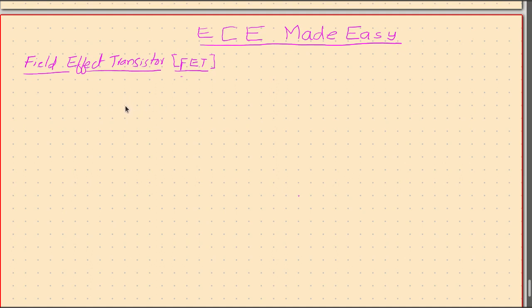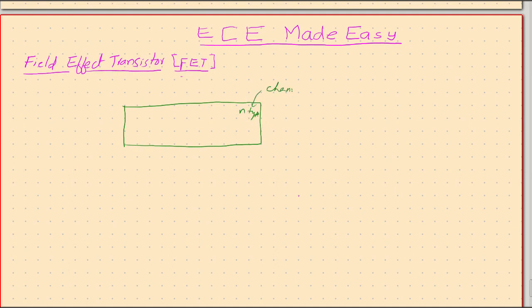A field effect transistor basically is a bar of one type of semiconductor, say N type, and this bar is called a channel. It has got two ends. One end is the source of charge carriers, and the other end is the drain of charge carriers.